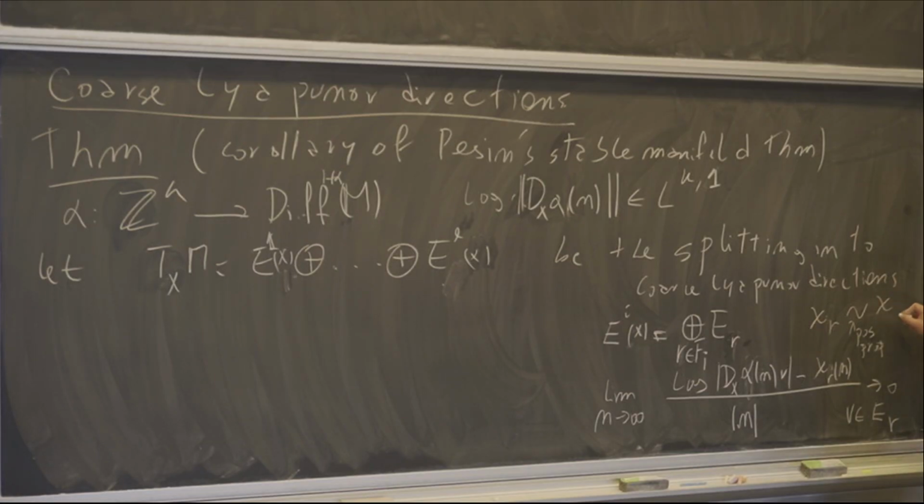So psi_t or psi_r in F_i, any two such. And this is maximal with this property. So these are the coarse ones.